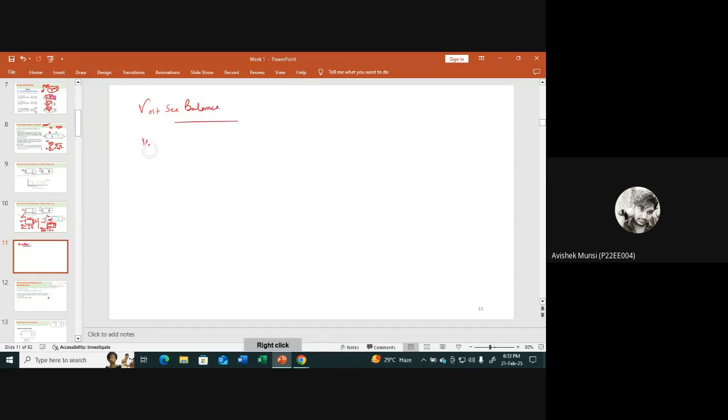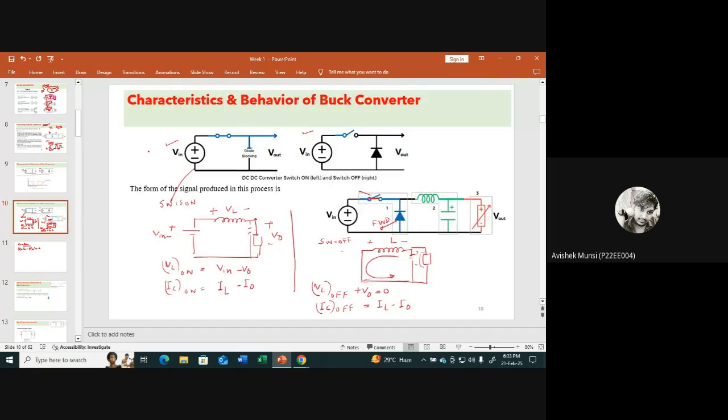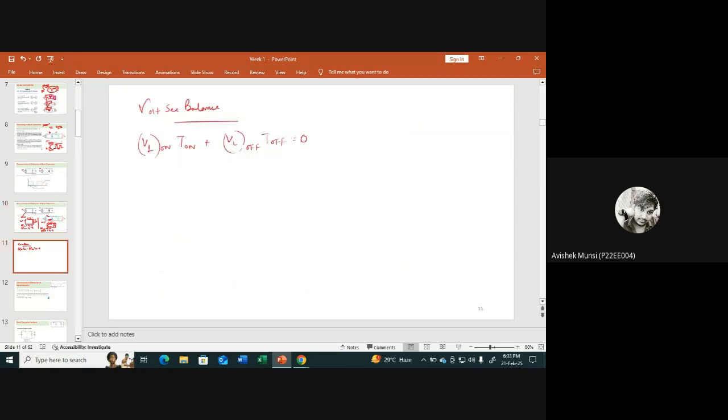What I said is that the voltage across the inductor during on time plus the voltage across the inductor during off time will remain 0. During on time it was V in minus V0.